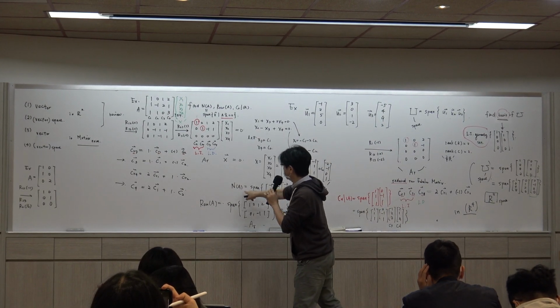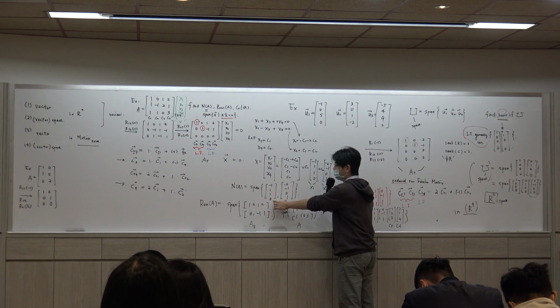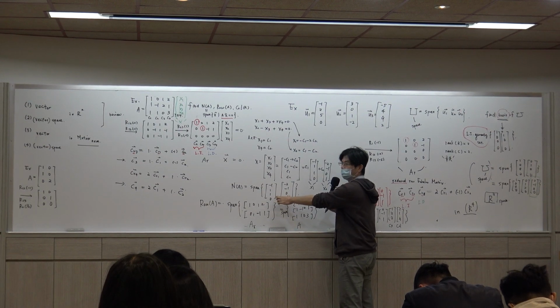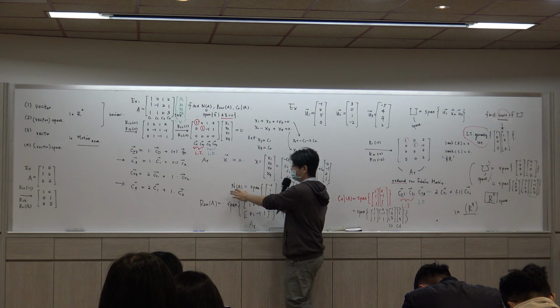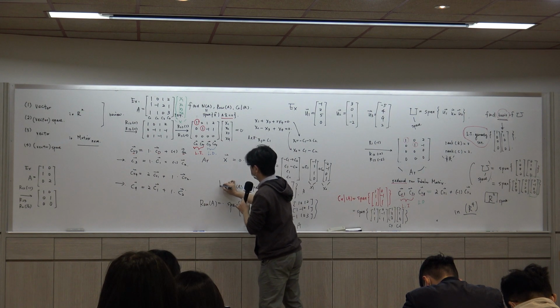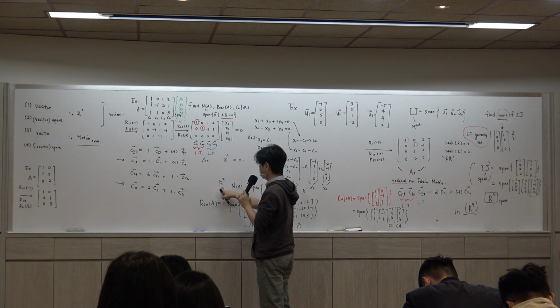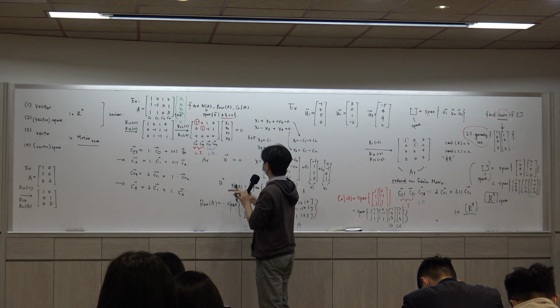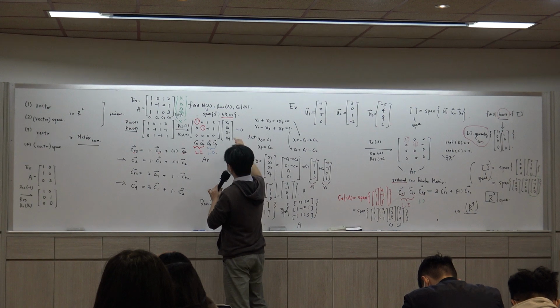For example, for the null space, they have two linearly independent vectors here, right? So the dimension of the null space is two. So it's a two-dimensional space. It's a subspace of the R4 space. What does the 4 mean?